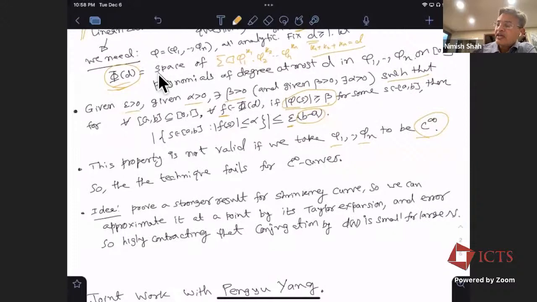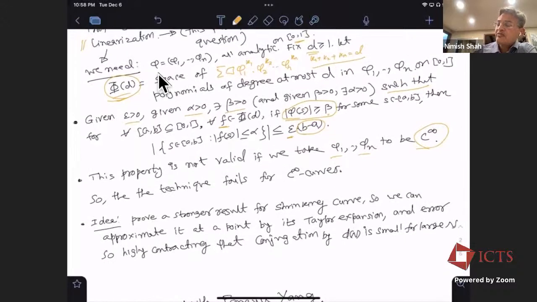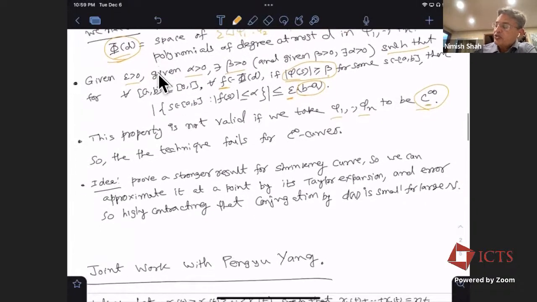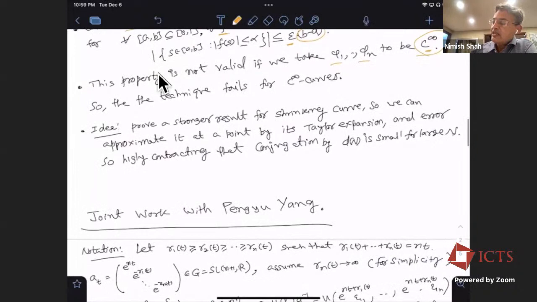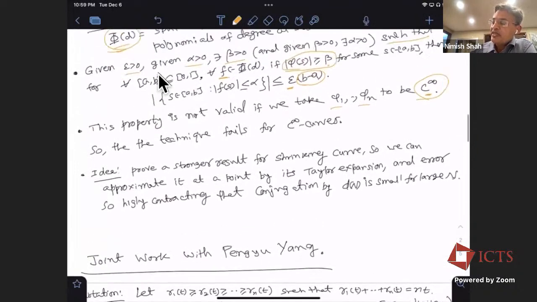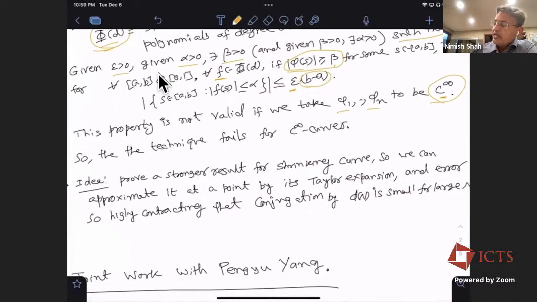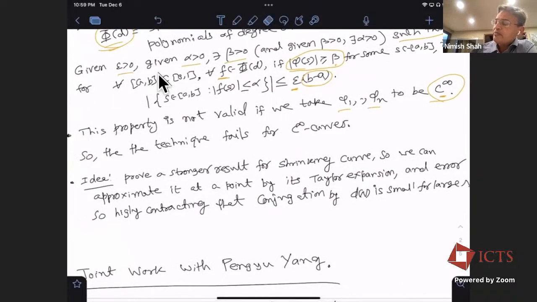And for this kind of function space, analytic functions, it is also true, but you can't do it for C infinity functions. So the idea is to prove some kind of stronger result where we approximate our curve, we want to work with a shrinking curve.